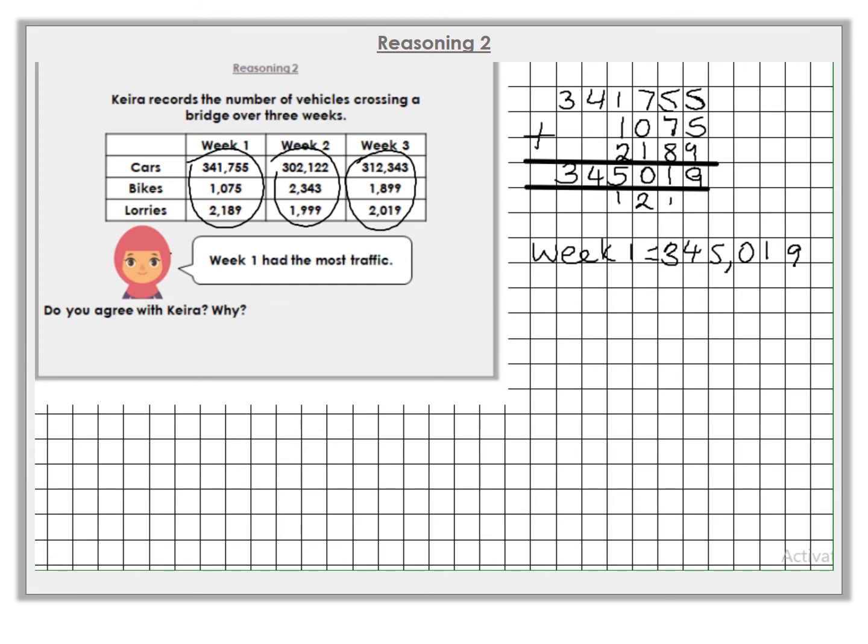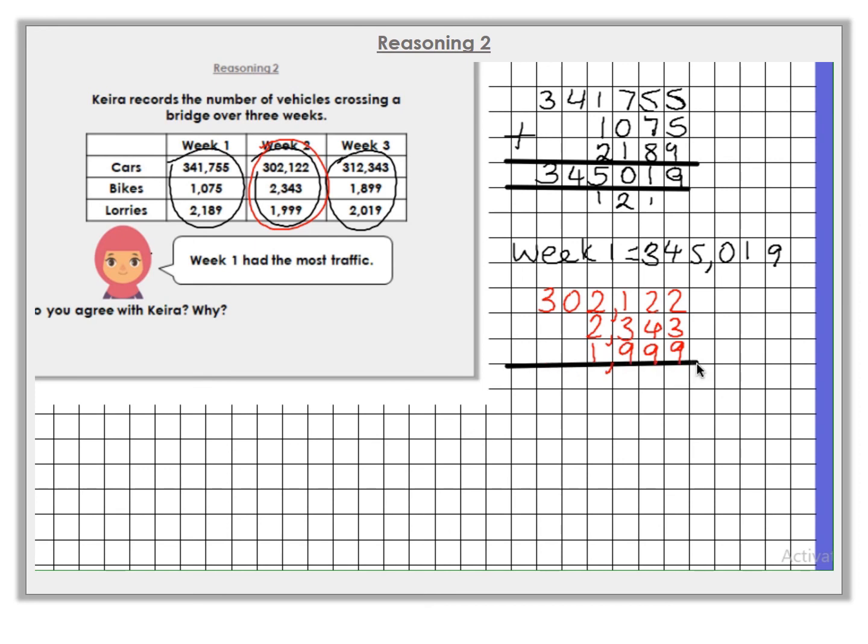Okay, now we look at week 2. So 302,122, 2,343, 1,999. Okay, so the same thing, we add them all up together so that we can compare them properly.